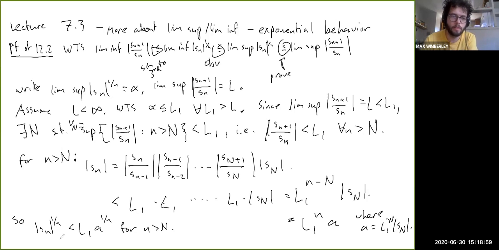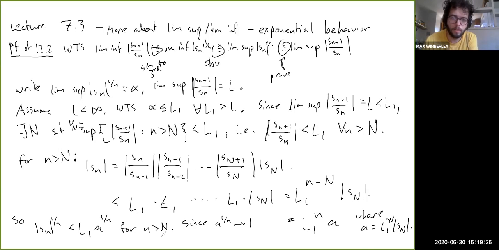And then if we take the limit, or not take the limit, sorry, but since A to the 1 over n goes to 1, the lim sup of Sn to the 1 over n should be less than or equal to L1. Sorry, my tablet stopped working.